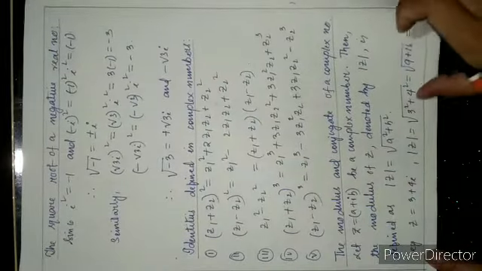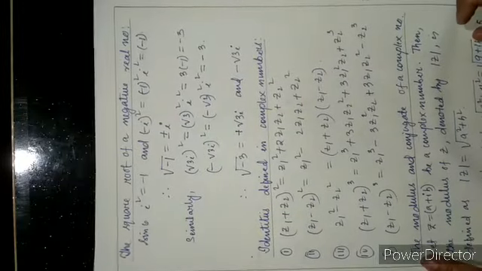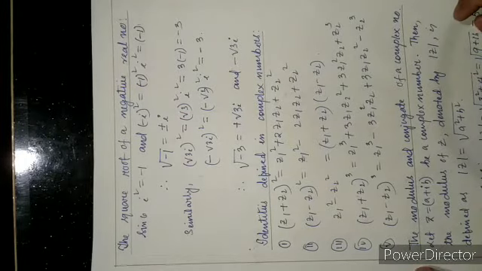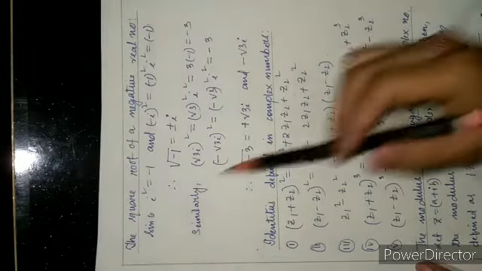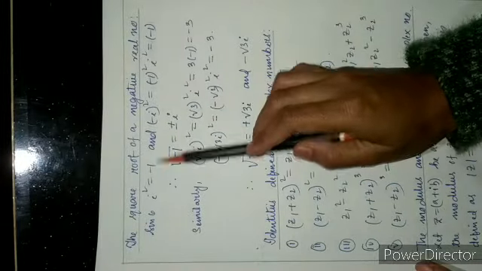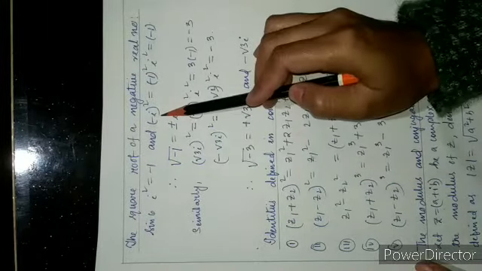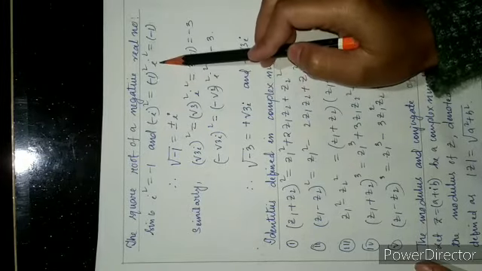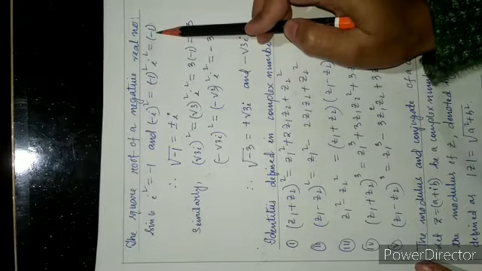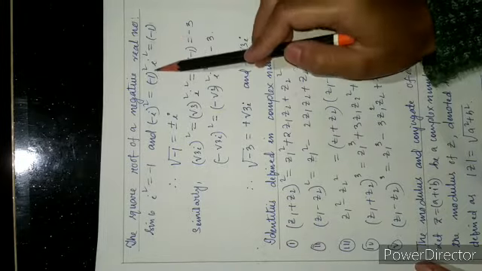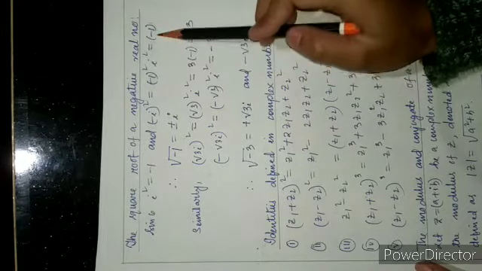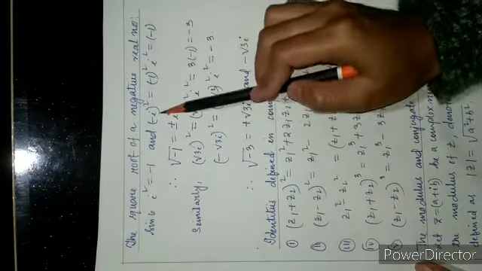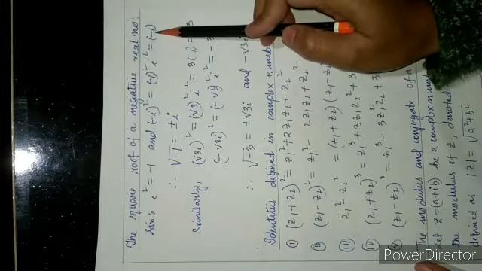Next topic. The square root of a negative real number. Since the value of i square is equal to minus 1, and also minus i whole square can be expressed as minus 1 whole square into i square, which is equal to minus 1, because minus 1 whole square is plus 1. So the value of i square is minus 1, and the value of minus i whole square is also minus 1.